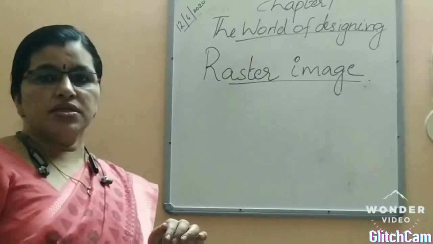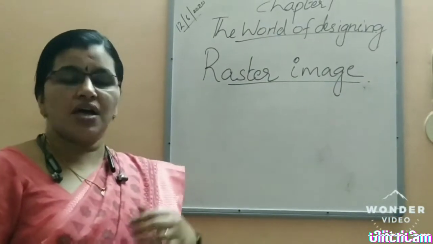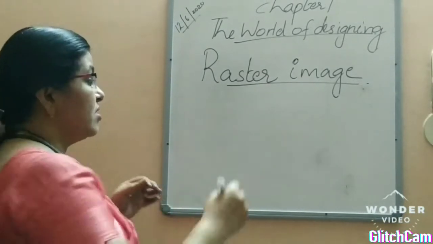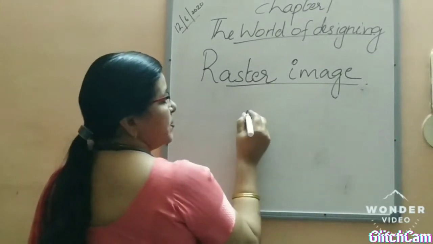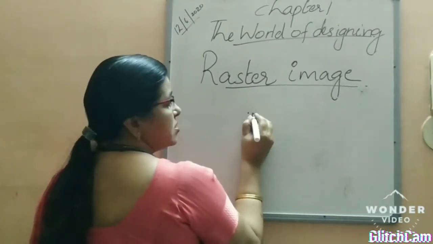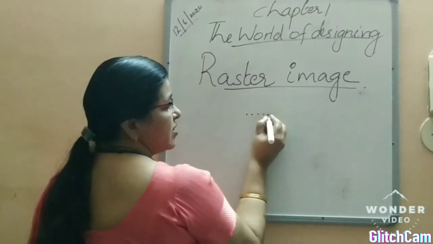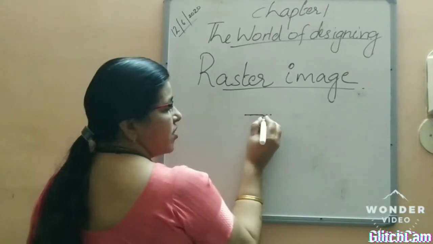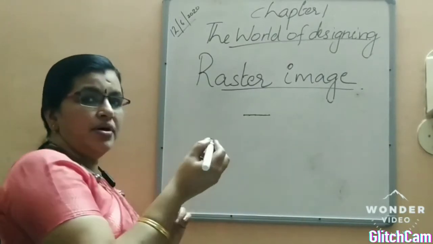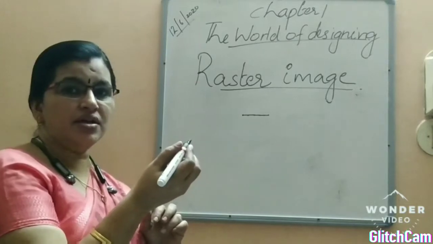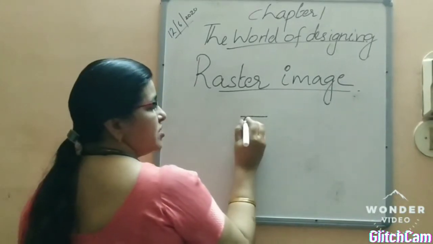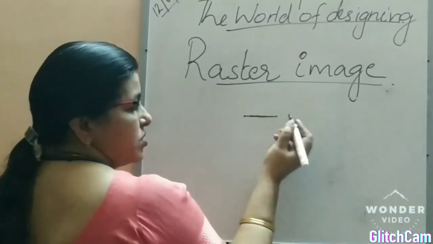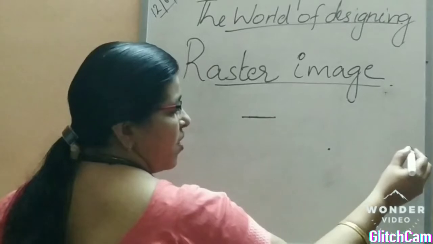See, in smaller classes, when you started to draw using the pencil, how did you draw a picture? Small dots were there, and you tried to draw the picture joining the dots, isn't it? Do you remember how you learned to draw a picture? You joined the dots using the pencil. Suppose the dots are at a longer distance.